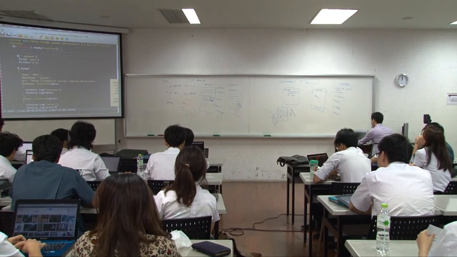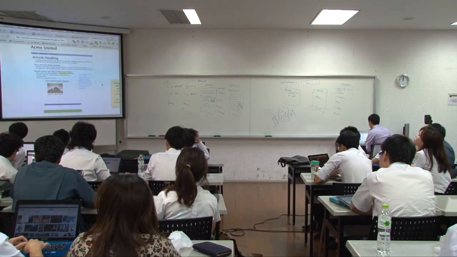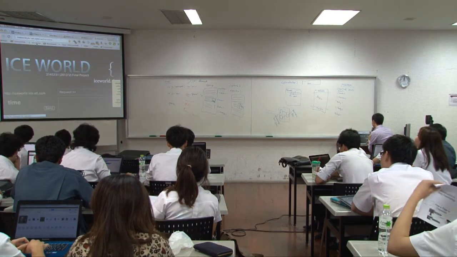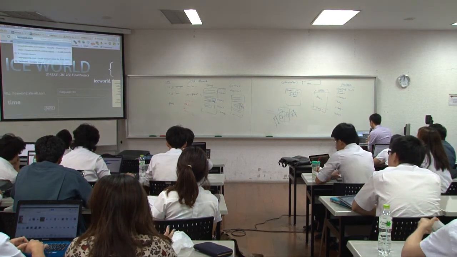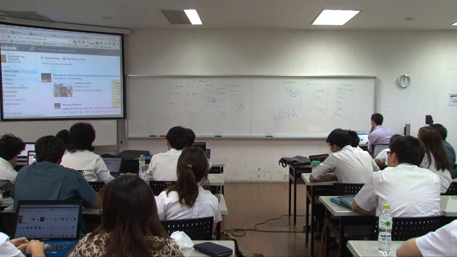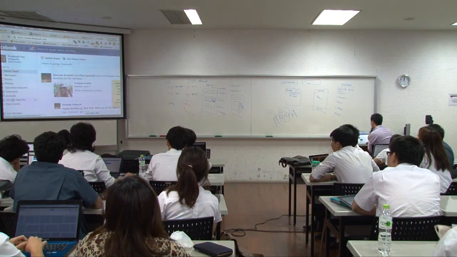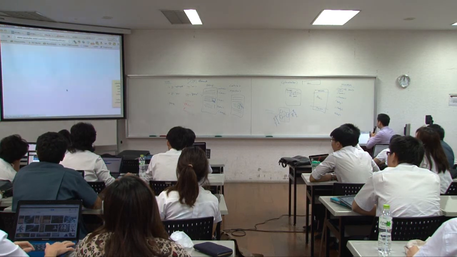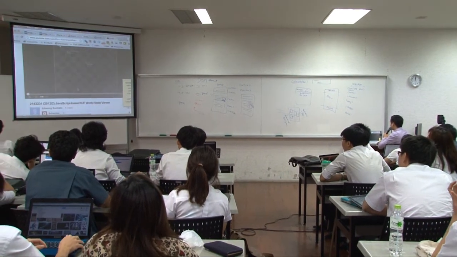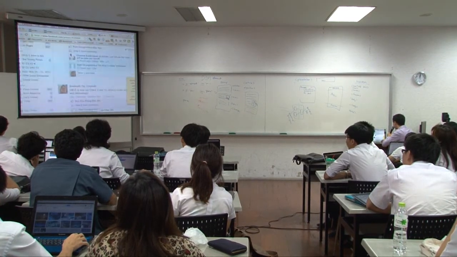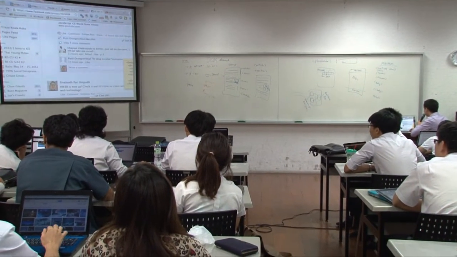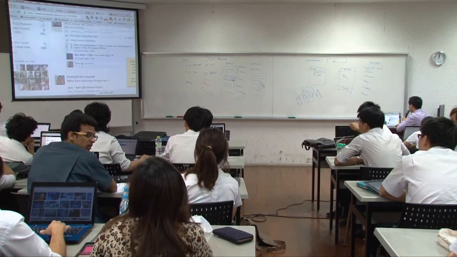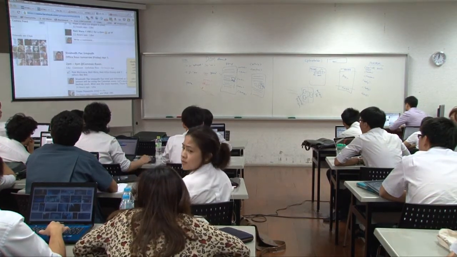Ajahn Atiwong was nice enough to actually write an example code for your world state viewer so that you can use it. Wasn't there a website, Ajahn Atiwong? It's iceworld.com/iceworld again.